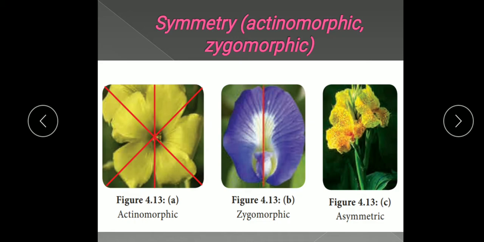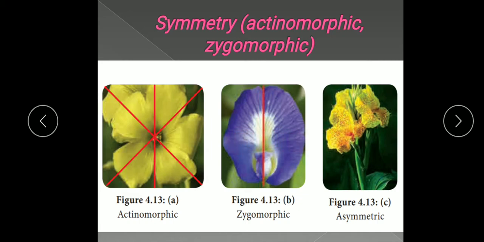Then zygomorphic. In zygomorphic, a flower can be divided into two similar halves by a vertical section in one plane only. Understood? In one plane only. So suppose we divide this flower in this plane, then we will not get two equal halves.